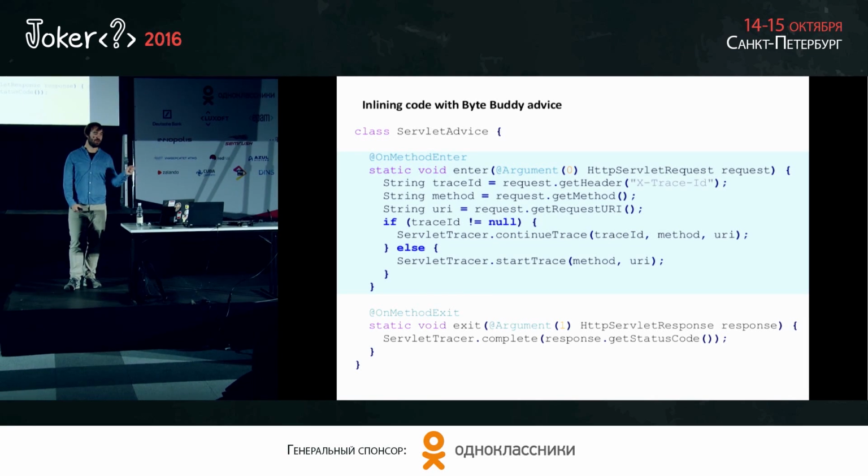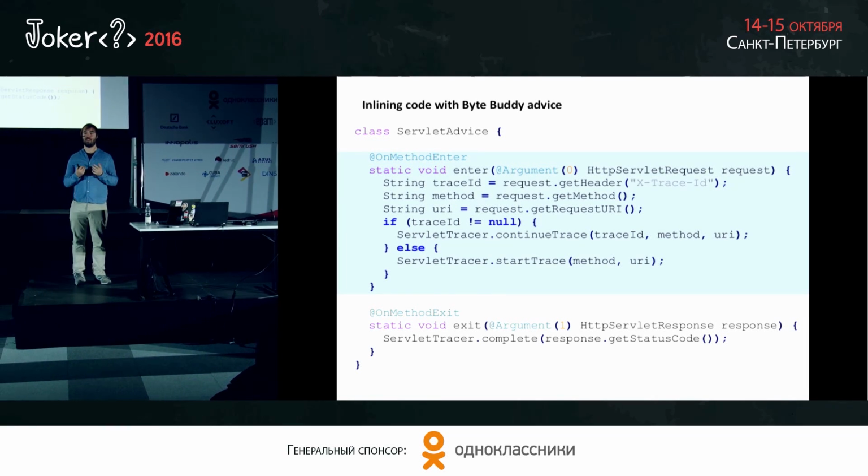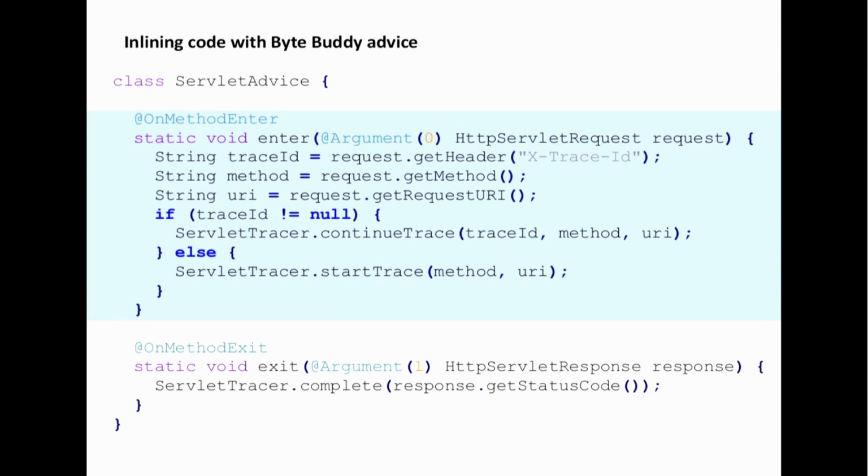And then if the trace ID is null, so there isn't any trace running right now, we just create a first one. Then we know, okay, we're serving an outside request, and we want to basically record how long it takes to answer this outside request and how many jumps we make in our internal network. And if this trace ID already exists, then we continue our existing trace.